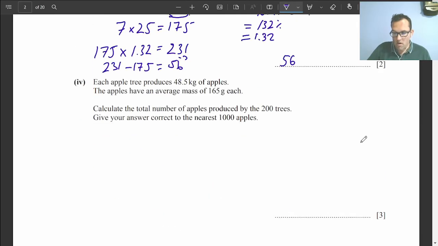Right. Part 4. A lot of information here, so you need to work step by step. First thing, we need to see how many apples each tree produces.